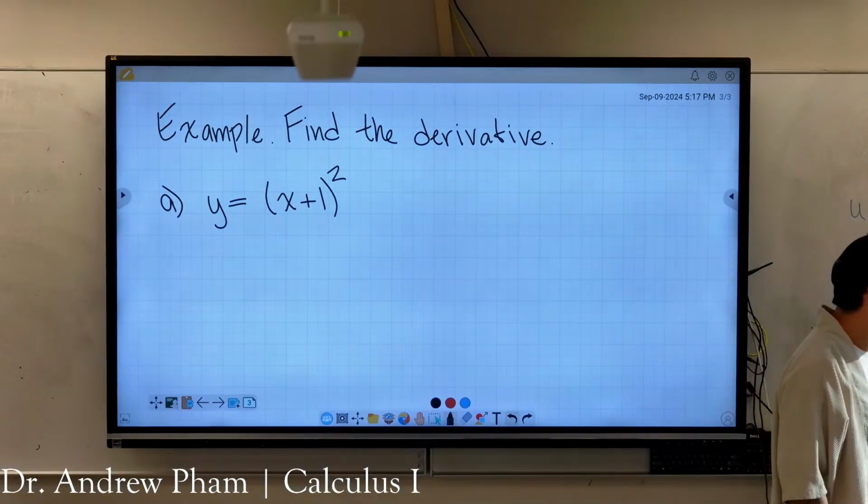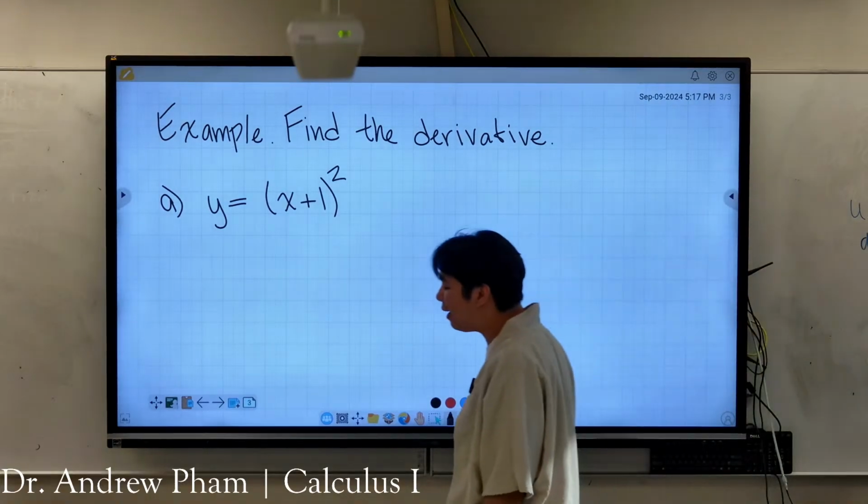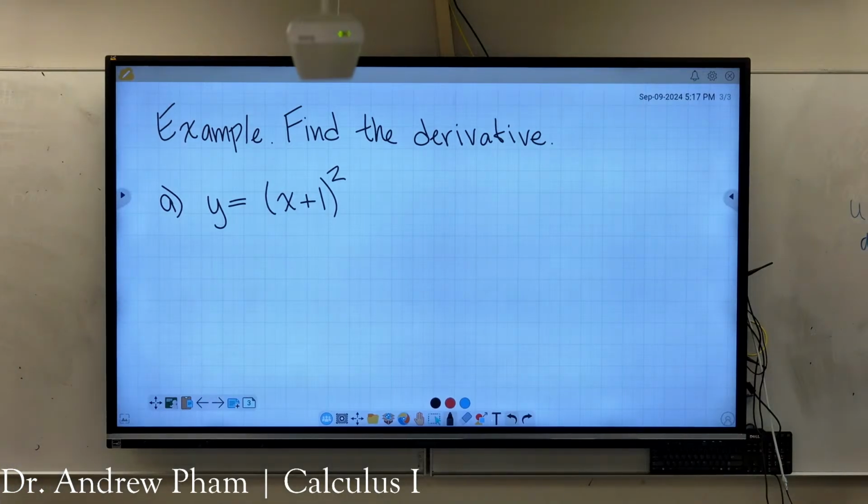So why am I not allowed to use power rule immediately here? It definitely just has x's and looks like regular powers, but why can I not immediately apply power rule? There's coefficients. In particular, for my power rule, it was very strictly whenever I just have x to a power.